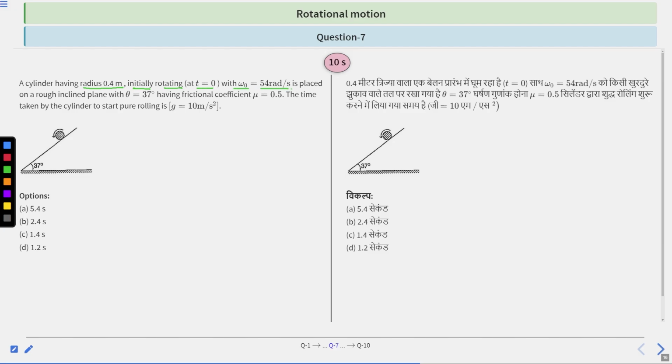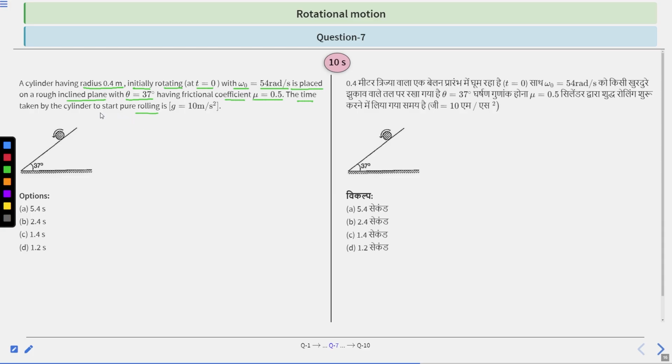This is placed on a rough inclined plane with theta equal to 37 degree, having frictional coefficient mu equal to 0.5. This is the frictional coefficient between the cylinder and this surface. The time taken by the cylinder to start pure rolling is what?